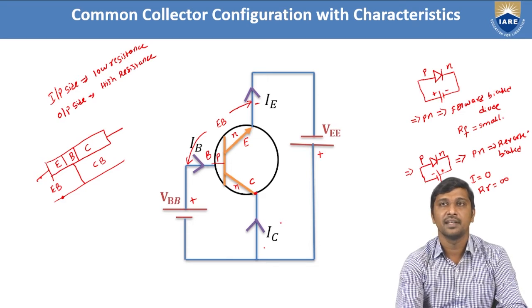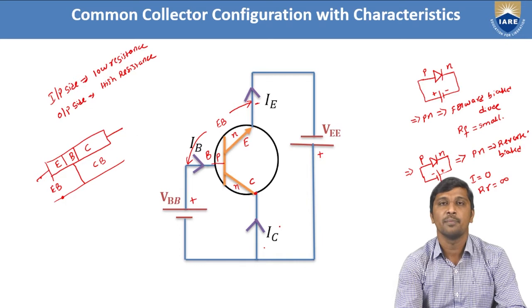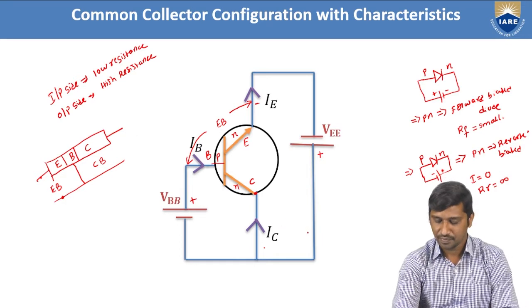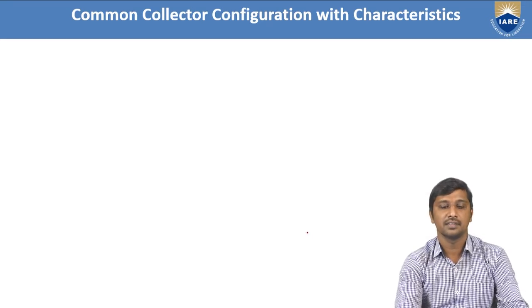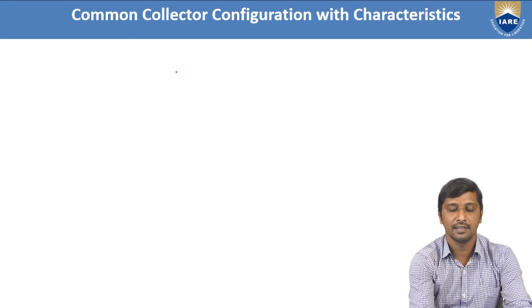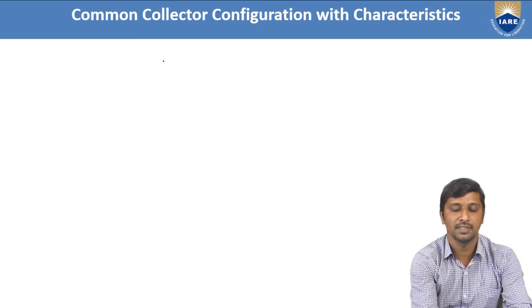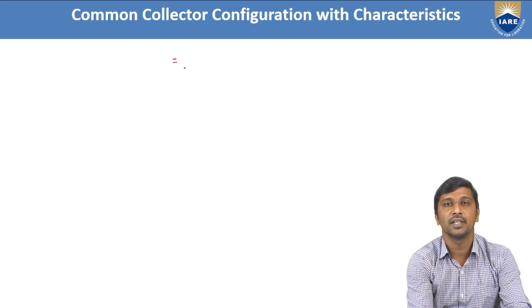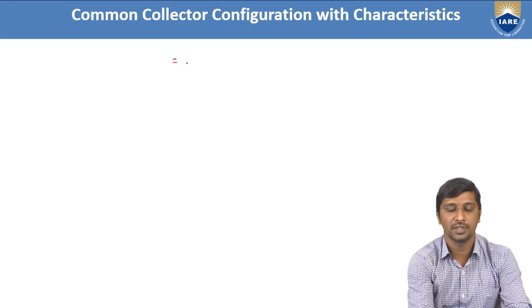From this representation, we are now going to find out the current gain of the common collector configuration of the bipolar junction transistor. We know that the current gain is defined as the ratio of output current to the input current.